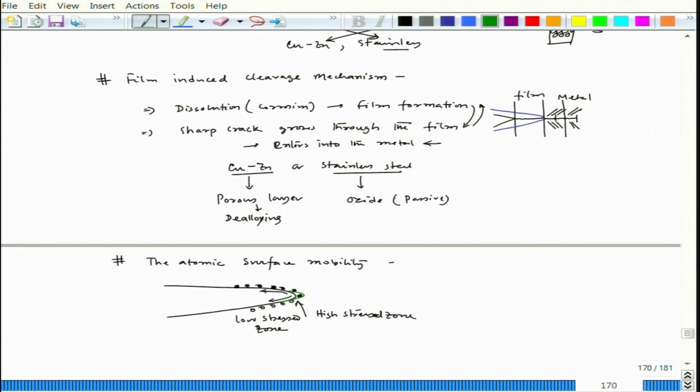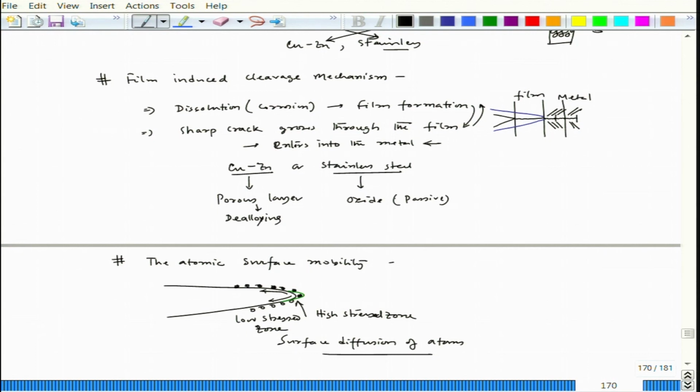Those surface diffusion happens, the atoms move, and that happens due to surface diffusion of atoms. So, this is basically the atomic surface mobility. This way the crack point moves into the material.